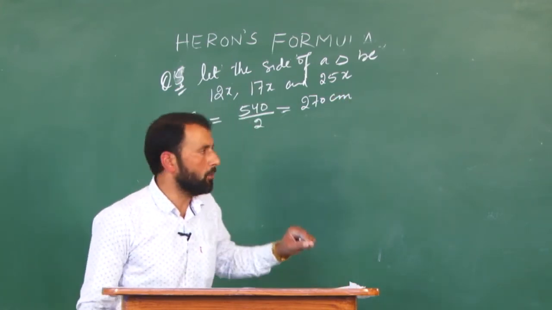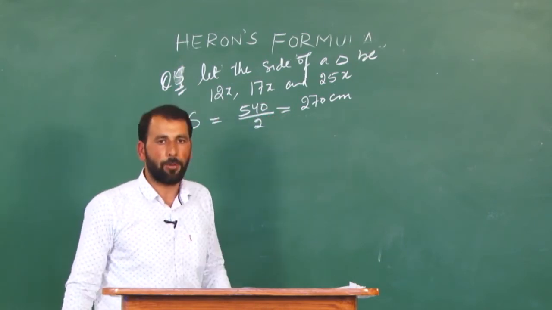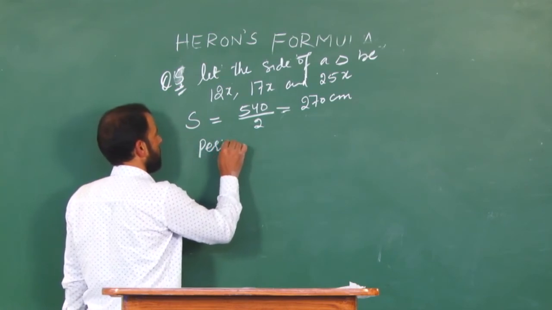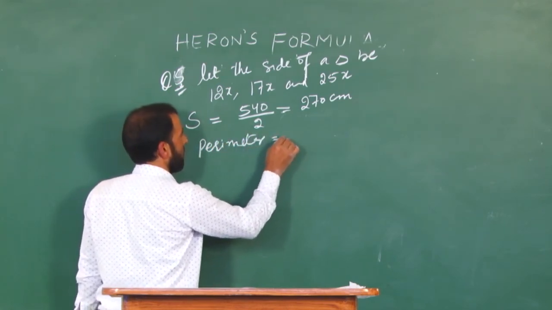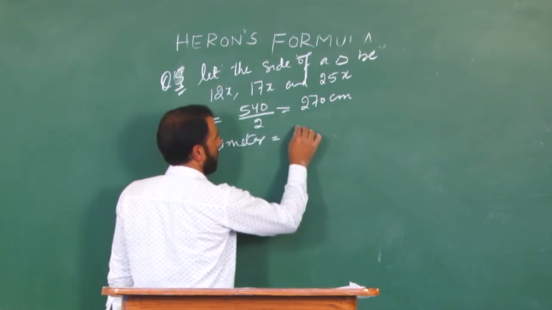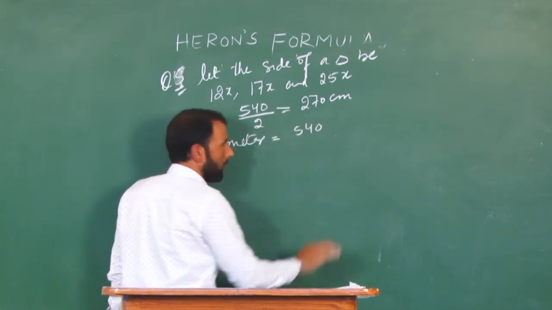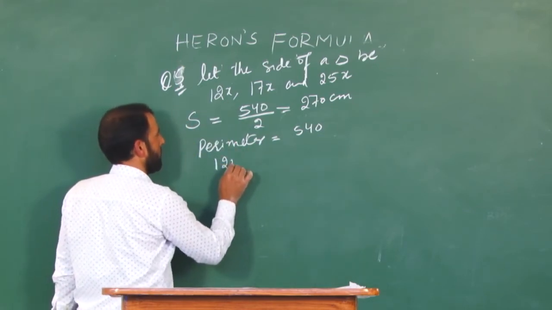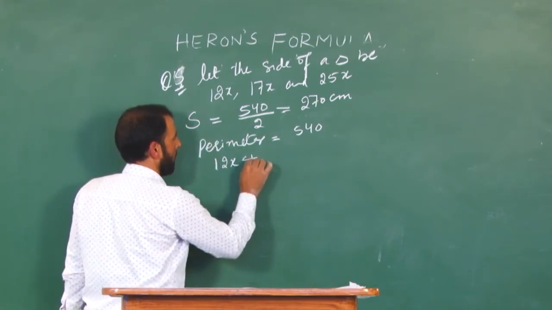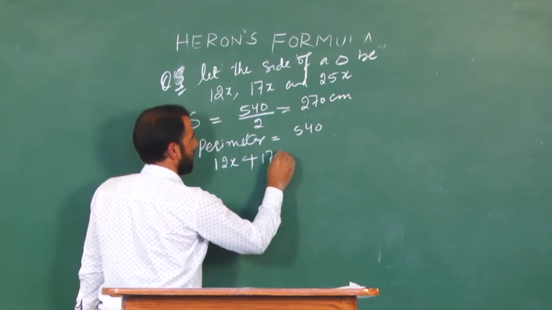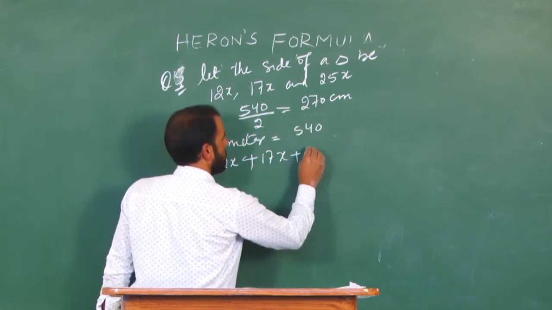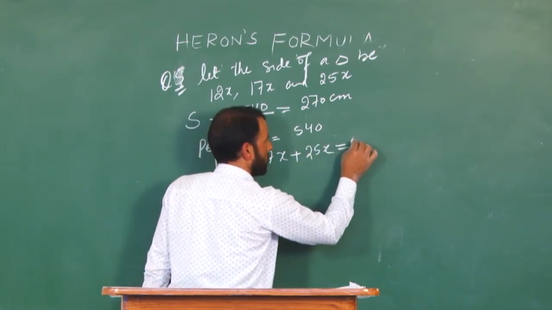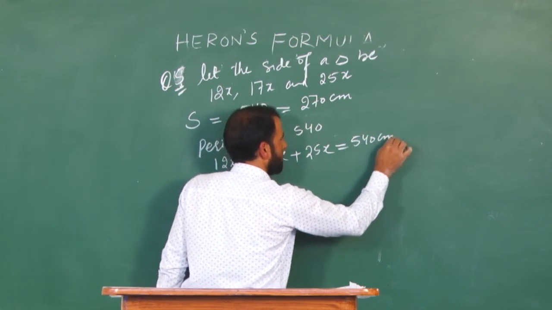Now first of all, we find the exact measures of the sides of the triangle. Perimeter is equal to the sum of all sides. It is given as 540. So 12x plus 17x plus 25x equals 540 centimeters.